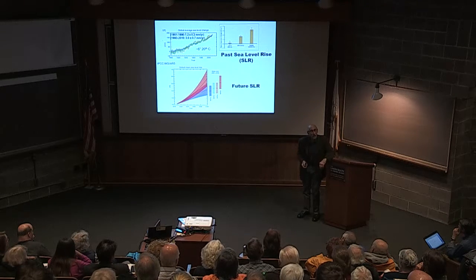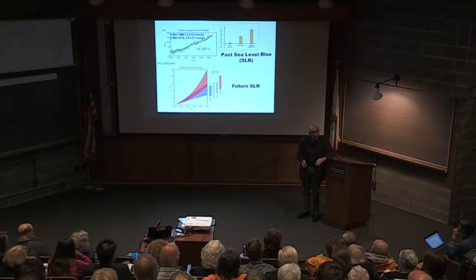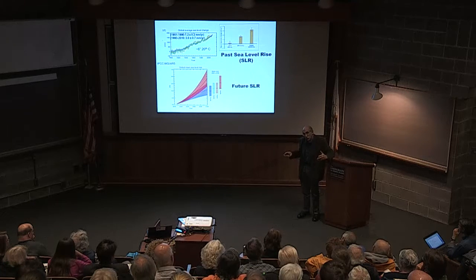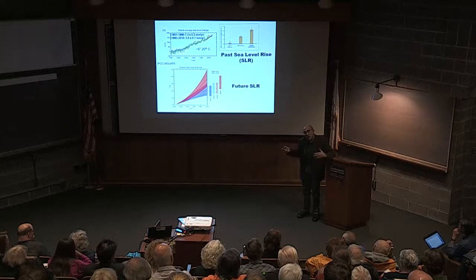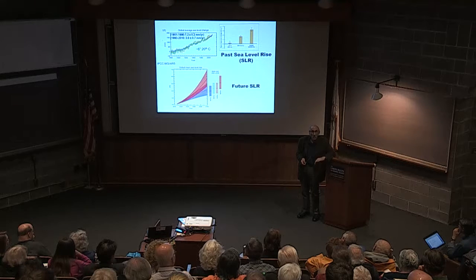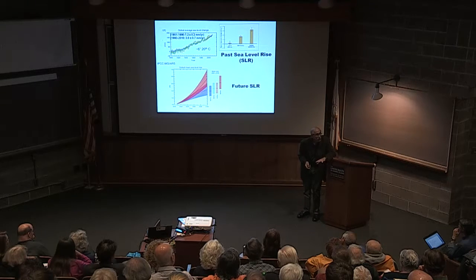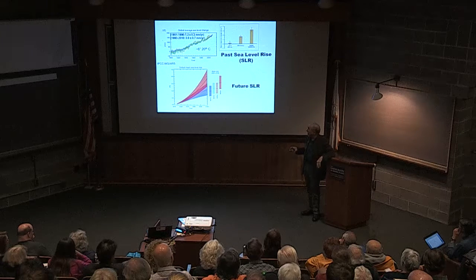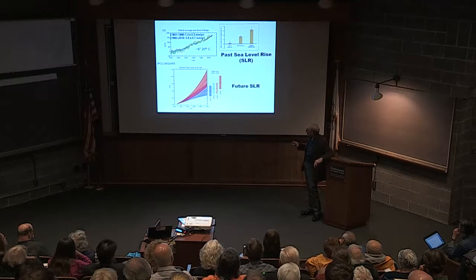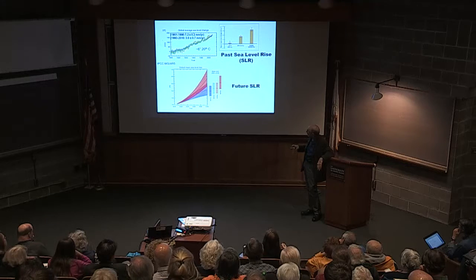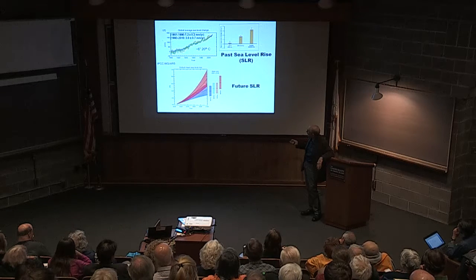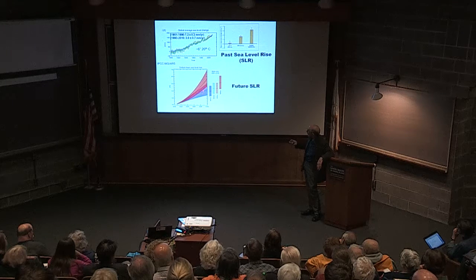A degree Fahrenheit we could probably manage fairly well in terms of adapting along the coast as well. 10 degrees Fahrenheit would be unmanageable and, according to most of my colleagues, disastrous. I won't go into the various details about climate change tonight, but I will show you the resulting sea level curves. There are 2 worlds here, the orange world and the purple world.